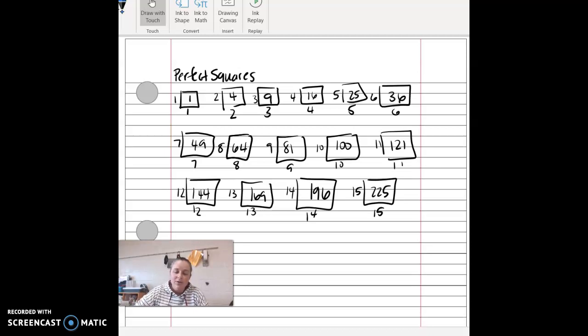Okay, and it goes on. So this is your 15th perfect square. 16 by 16 would be the next one. What's that area? The areas are your perfect squares.